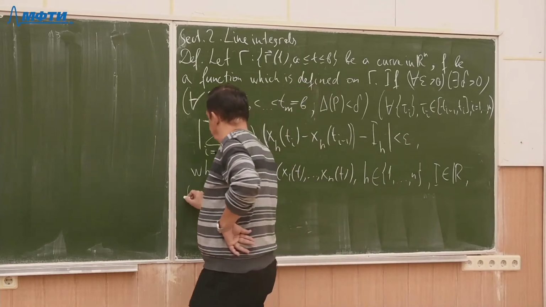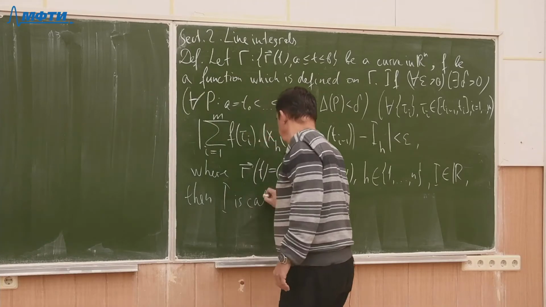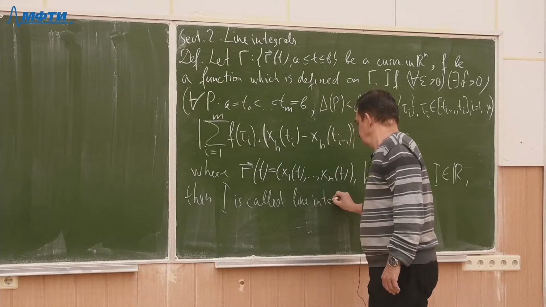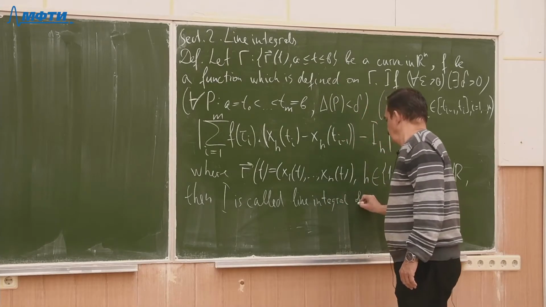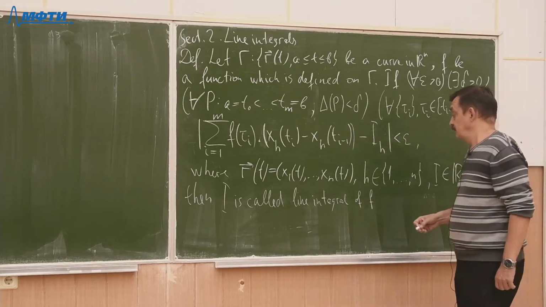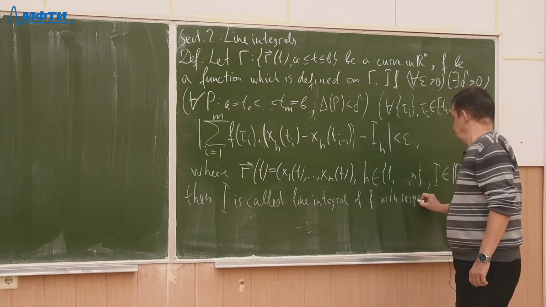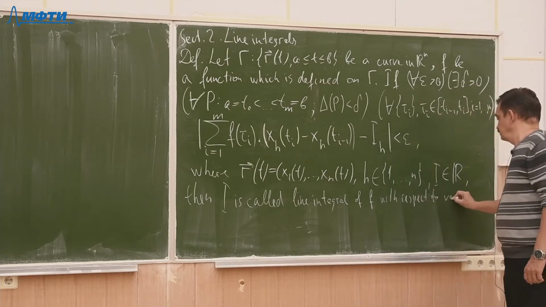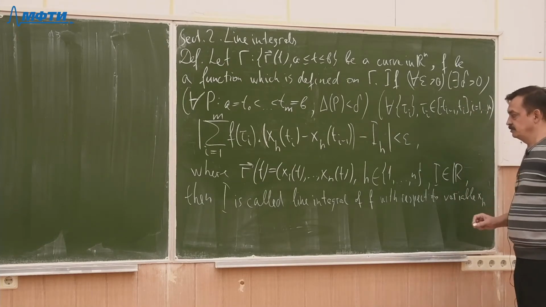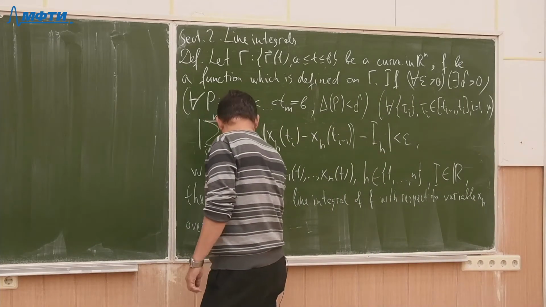Then I is called the line integral of f with respect to variable x_h over gamma.